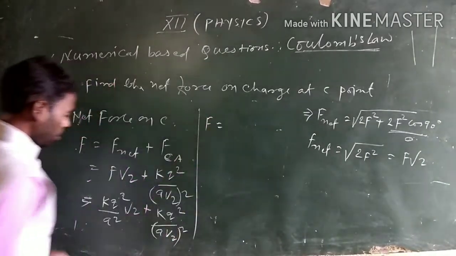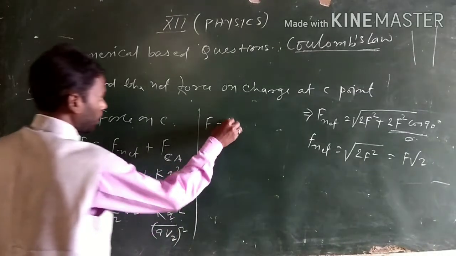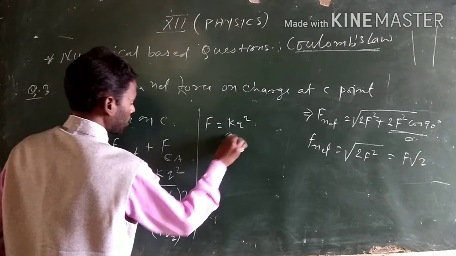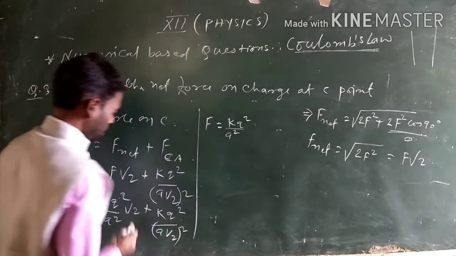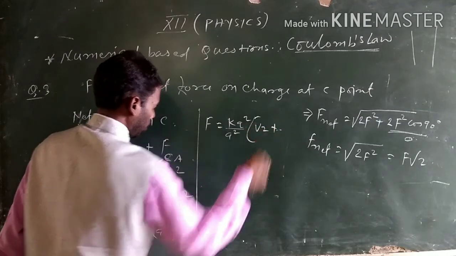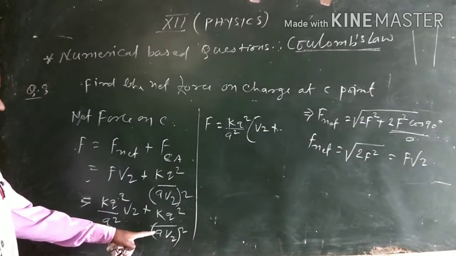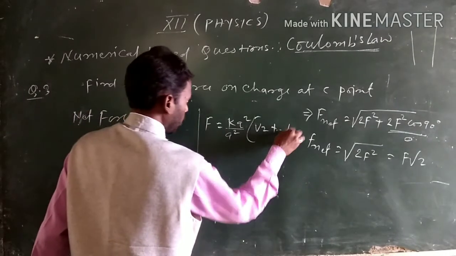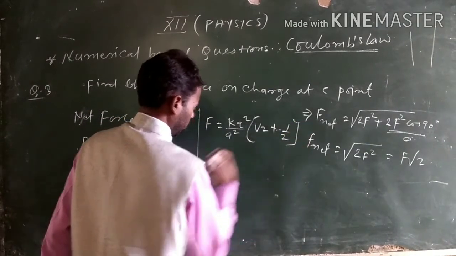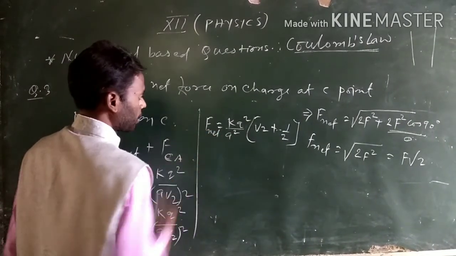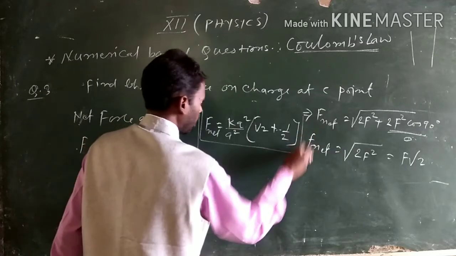Force is equal to KQ square divided by A square, which is common, times root 2 plus, since A square is already taken common, 1 by 2. This is the net force at C. Okay, we can solve this one.